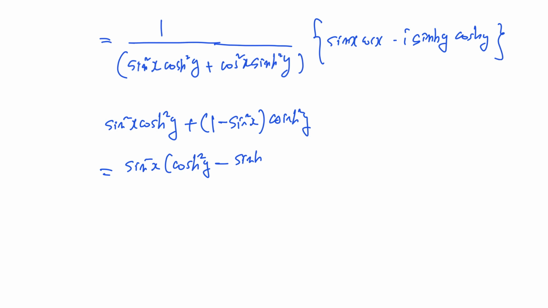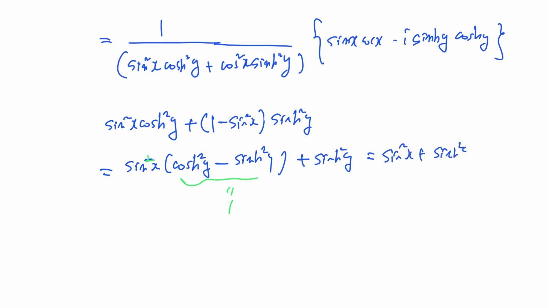So we can put together sine square x cosine hyperbolic square y minus sine square x sine square y, plus sine square y, and this is 1, right? So we have sine square x plus sine hyperbolic square y.